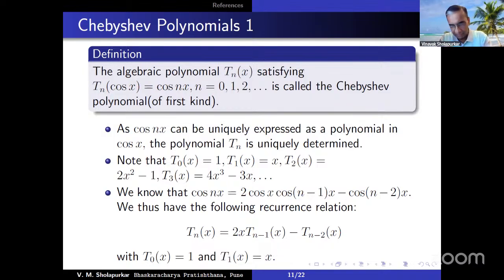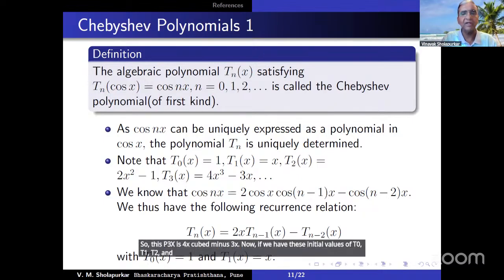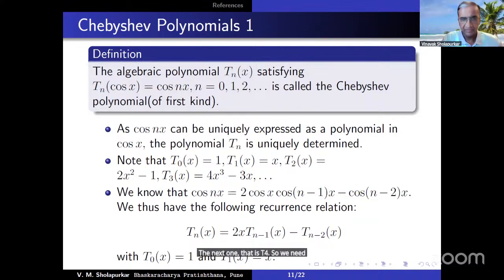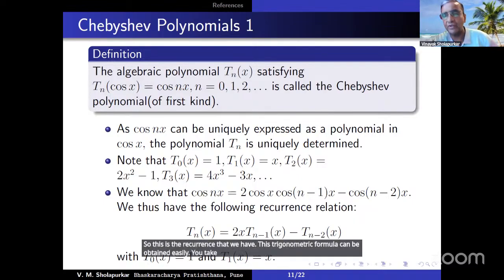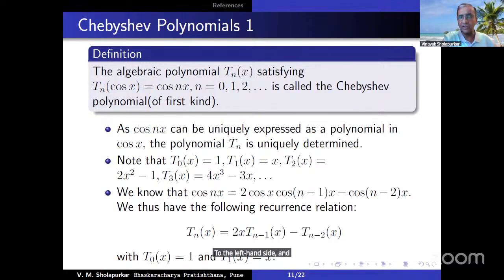Now, if we have these initial values T0, T1, T2 and so on, can we find the next ones, that is T4? So we need a recurrence relation. This trigonometric formula can be obtained easily. You take cos (n−2)x to the left-hand side, and for cos nx plus cos (n−2)x you use the usual formula cos A plus cos B equals 2 cos((A+B)/2) cos((A−B)/2).